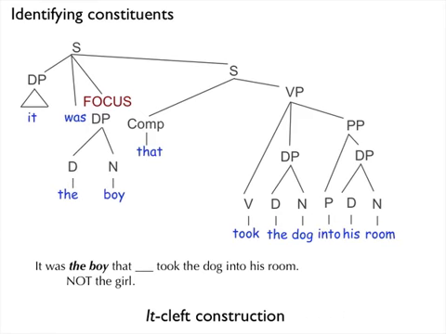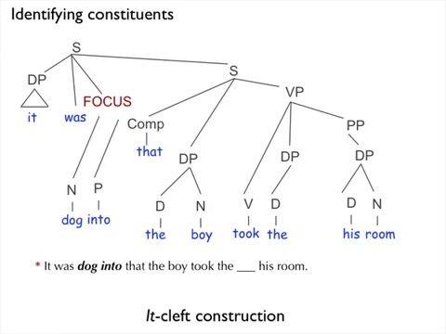It was the boy that took the dog into his room. It was the boy that took the dog. That's fine, right? It was the dog into. No good, right? So here's why we say that there are constituents.